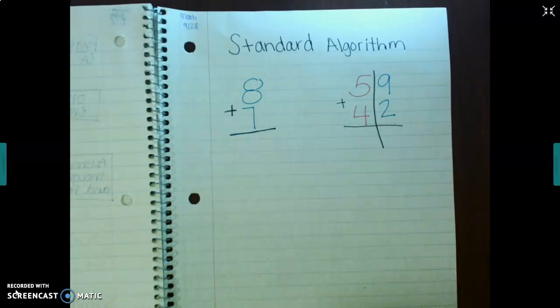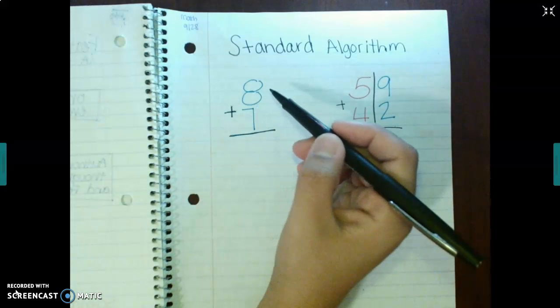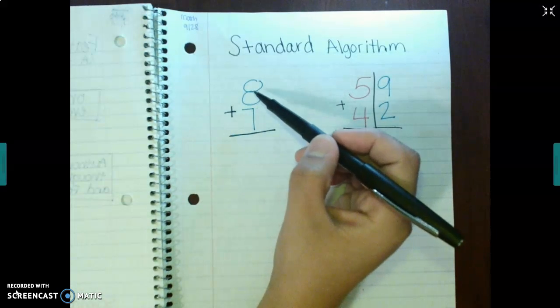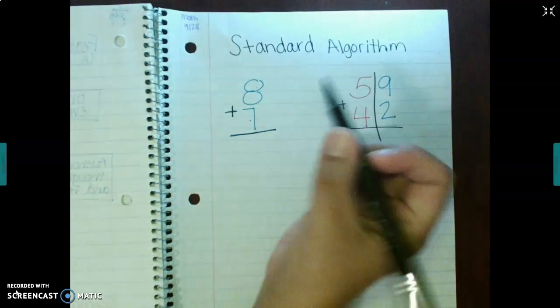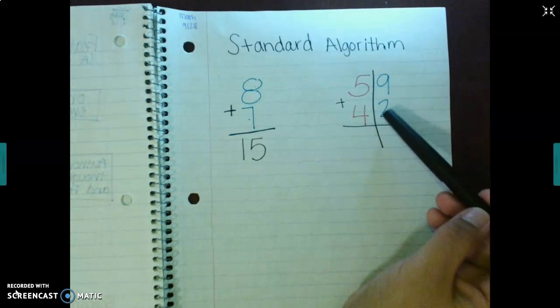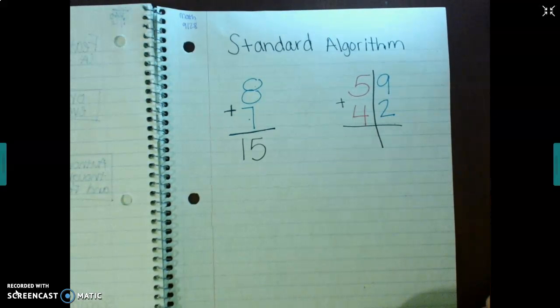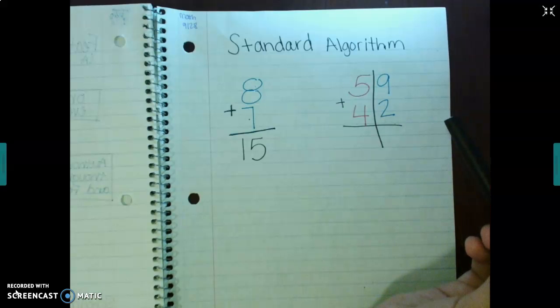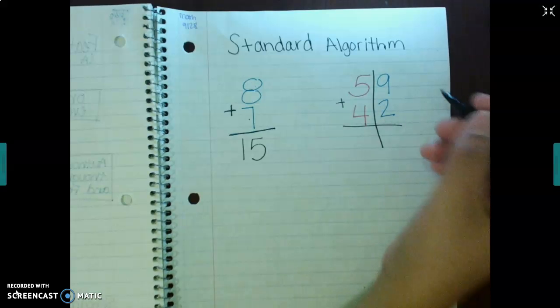So for my first answer, since they only have ones, I only have to add straight up and down. So 8 plus 7 is 15. Now let's move on to the tens place, or the double digits. So 9 plus 2 is 11.